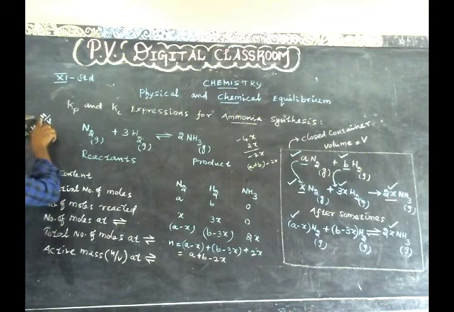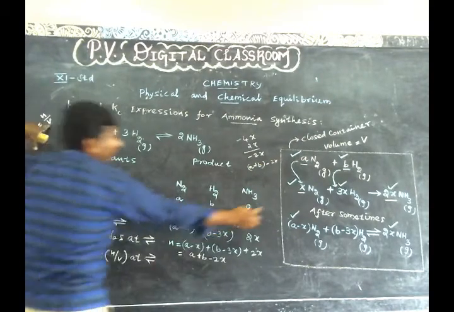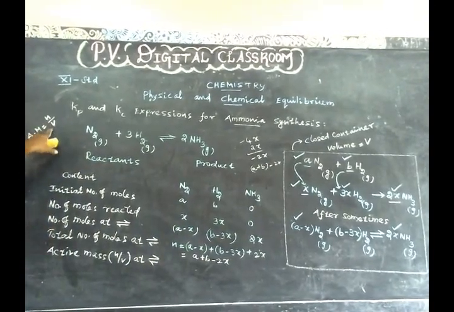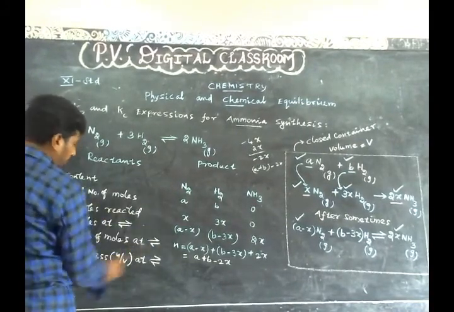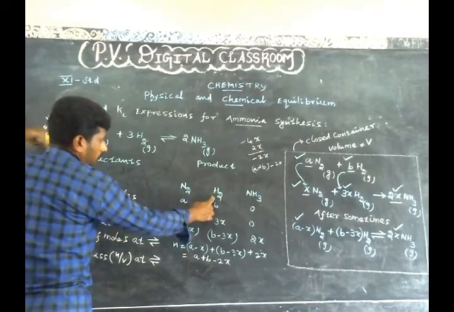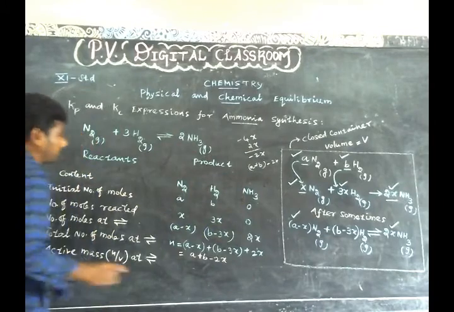Here N represents the number of moles of a given substance at equilibrium and V represents the volume of the container. By using this formula, we can find out the active mass of nitrogen, hydrogen and ammonia gases at equilibrium.